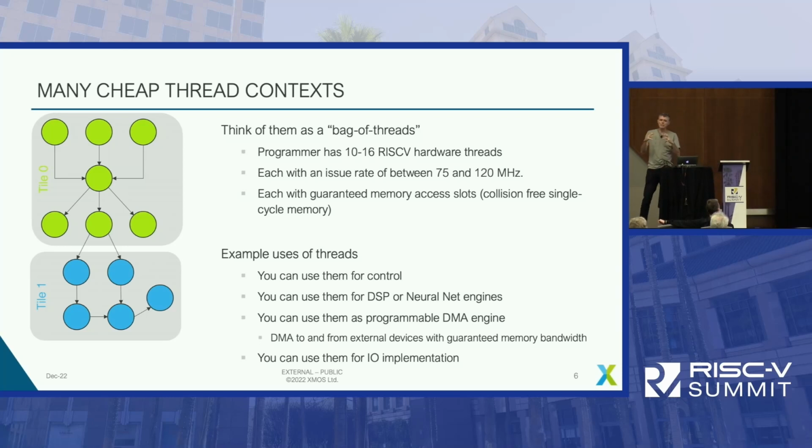There is no DMA engine on our chip. If you like DMA, you use one of the threads, and it is the most programmable DMA engine you can think of. It has a guaranteed time slice of memory, and because of that, you don't disturb any of the other threads whilst doing the DMA. Gather, scatter, it's all part of how you program that DMA unit.